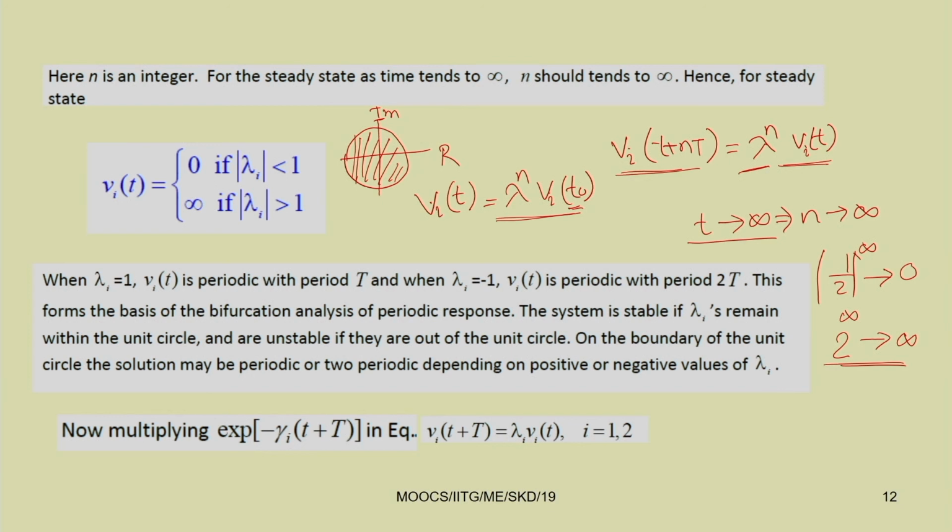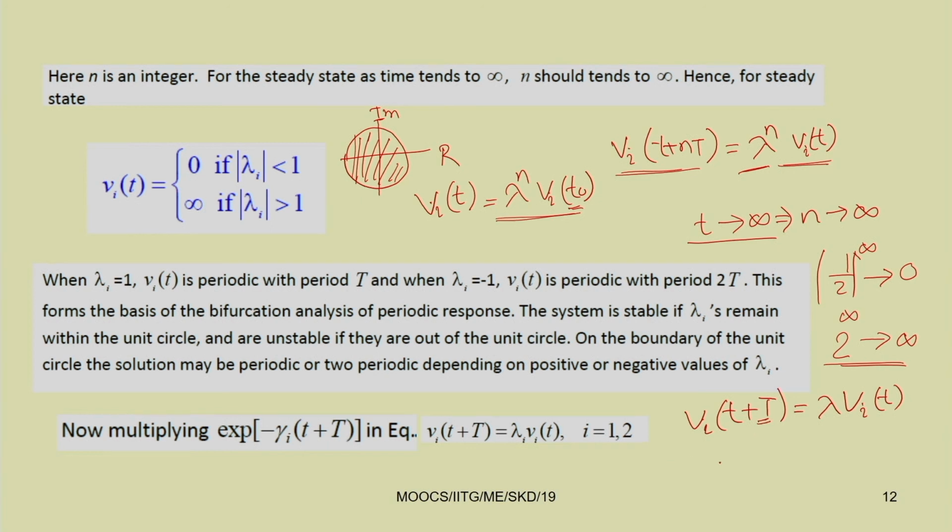That thing you can observe from here, because we are writing V_i(t + T) equal to λ V_i(t), or with nT. So, if λ equals 1, V_i(t + T) equal to V_i(t). So, it has a period T.